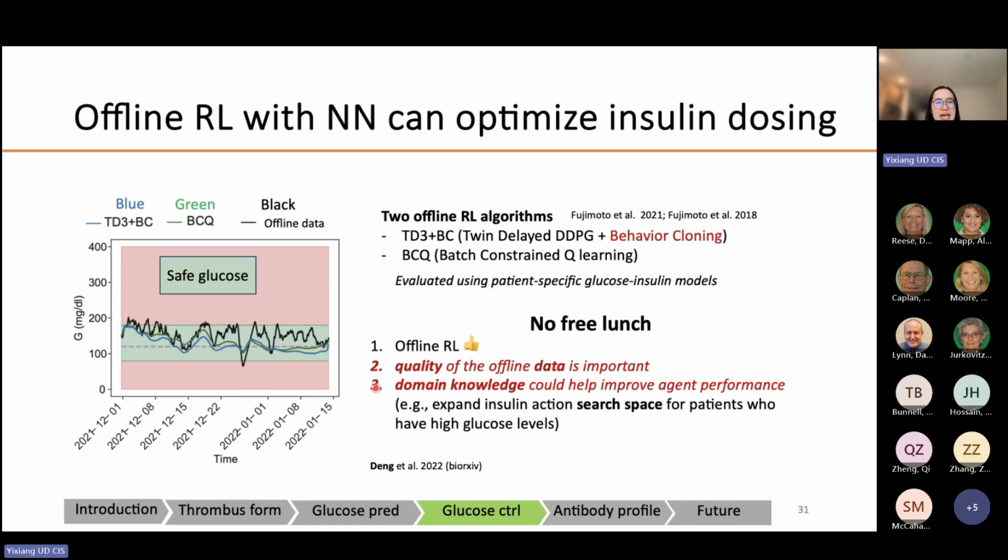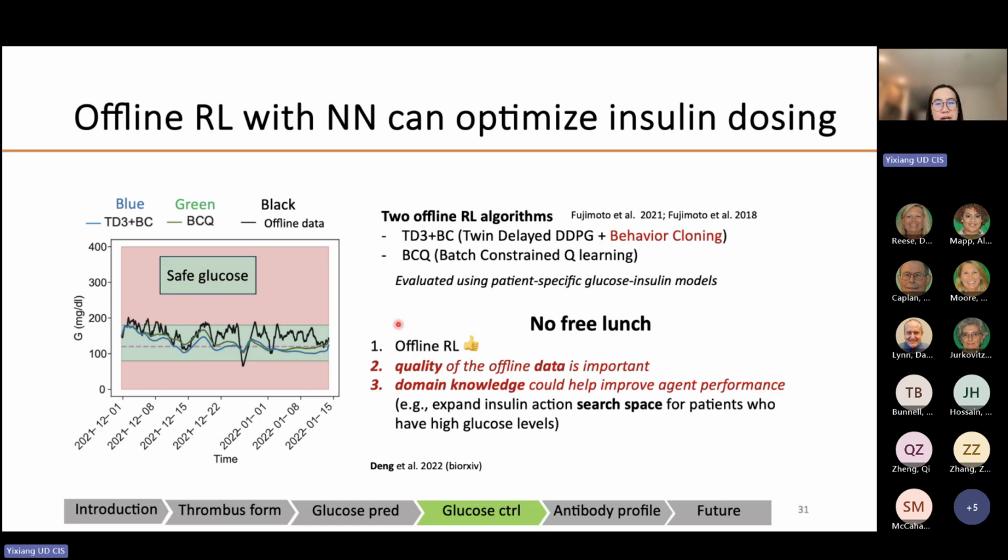So we systematically tested two different offline reinforcement learning approaches, and we evaluated the performance of trained agents using the patient-specific glucose-insulin models that we developed in the first attempt. We made some very interesting observations. First, the insulin dosage performed by offline reinforcement learning could outperform the data it is being trained from.